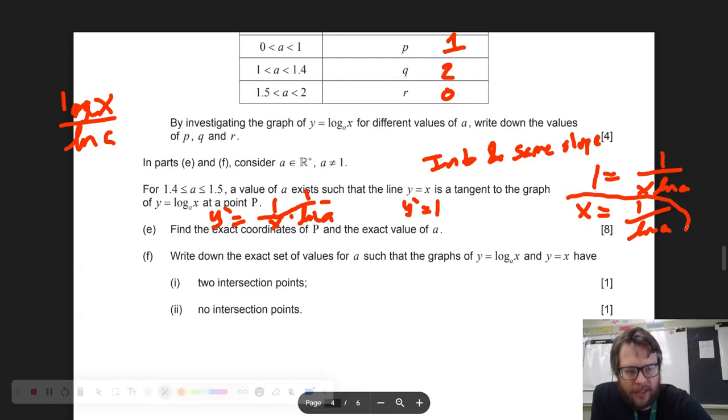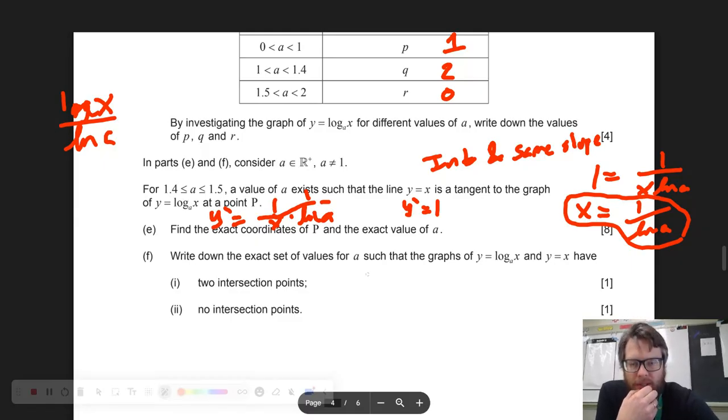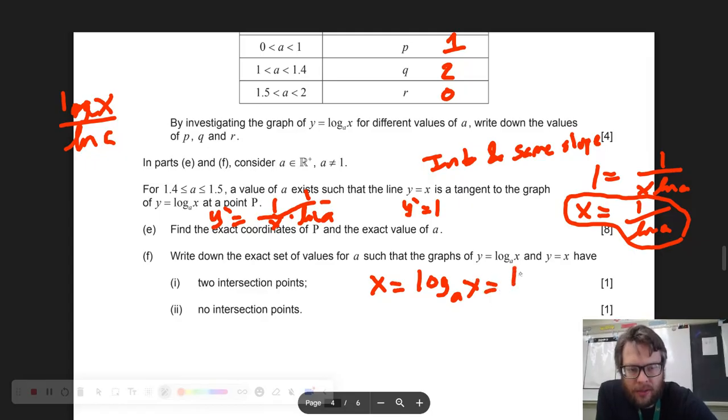So what this is saying is at that x value, they have the same slope. But we also need that x value to be a point of intersection. If we want two things to intersect, we set the original functions equal to each other. So we say x equals log base a of x, in other words, natural log of x over natural log of a.